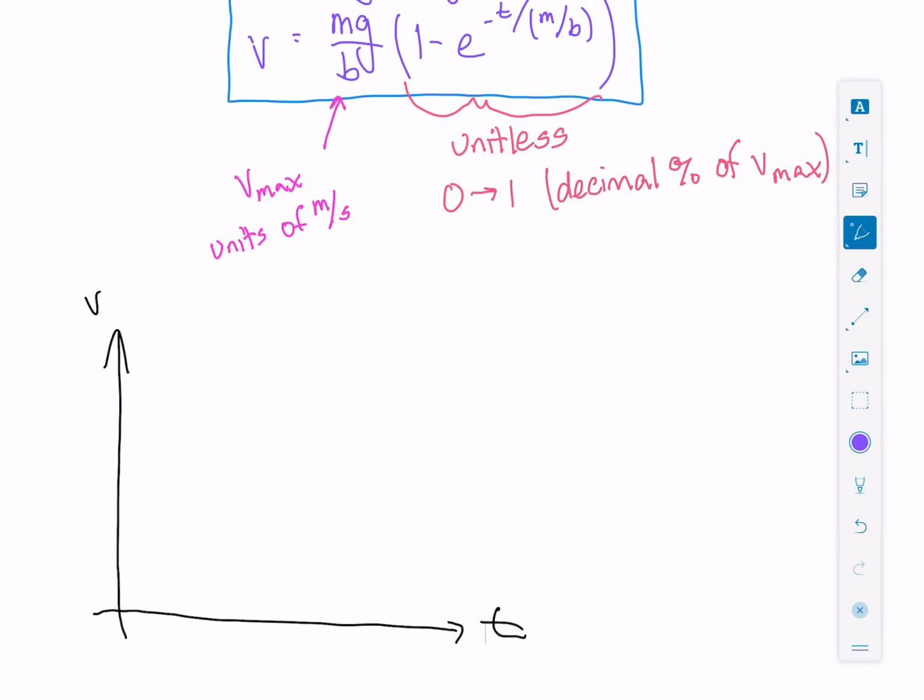I'm going to say that v is actually equal to mg over b times 1 minus e to the negative t over tau, with tau equal to m over b.